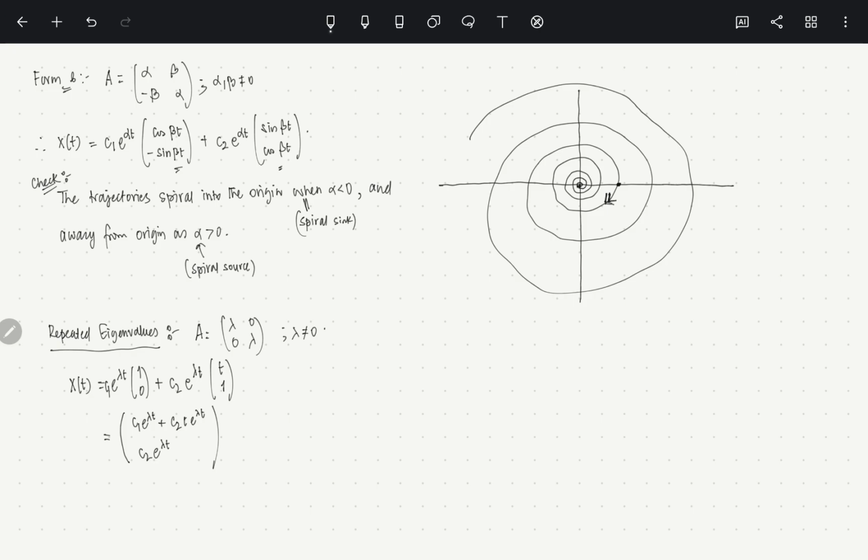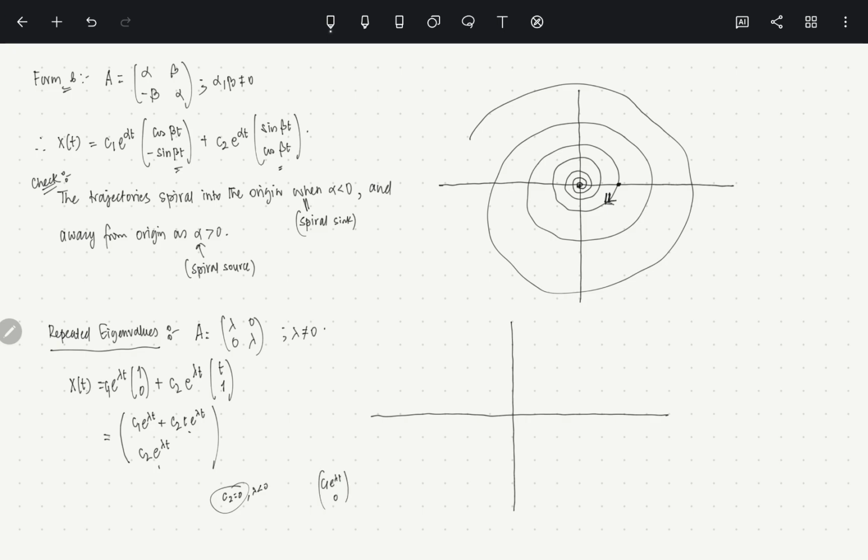Now if I want to draw the phase portrait for this, I'm not going to draw everything here, I'm just going to give you an idea. If c2 is 0, and let's say lambda is negative, though it can be positive too, then the other terms vanish and you end up with c1 e power lambda t and 0.